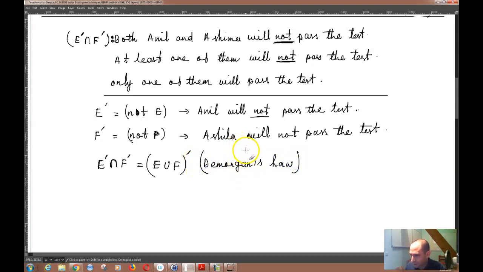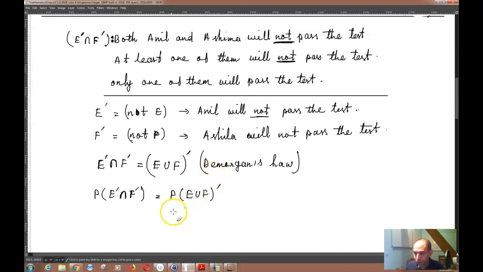So now, since that is the case, and I want to calculate the probability of this thing over here, I can write the probability of E prime intersection F prime as the same thing as the probability of E union F whole prime.